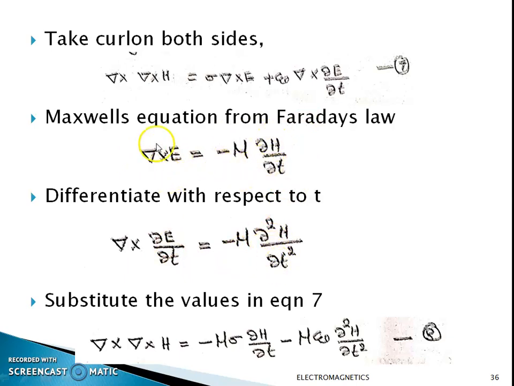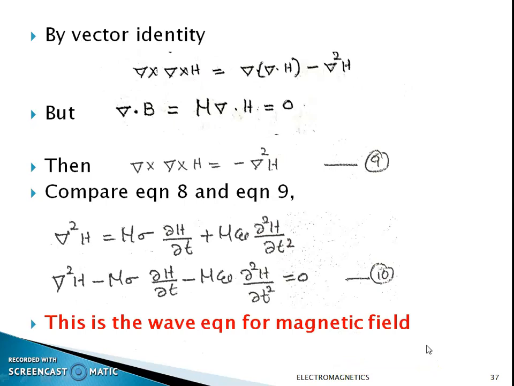Substitute this in equation 7. So we can write del cross del cross H is equal to minus mu sigma dou H by dou T minus mu epsilon dou square H divided by dou T square, and mark it as equation number 8.